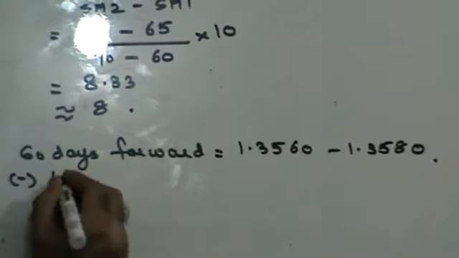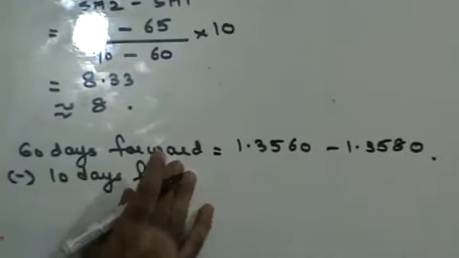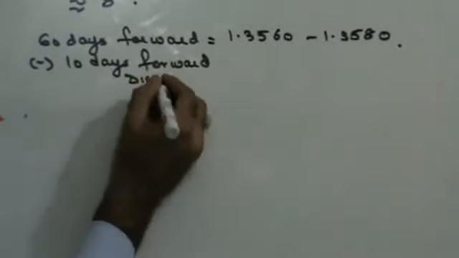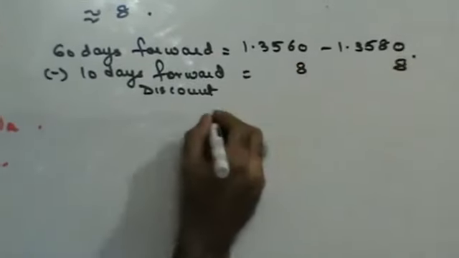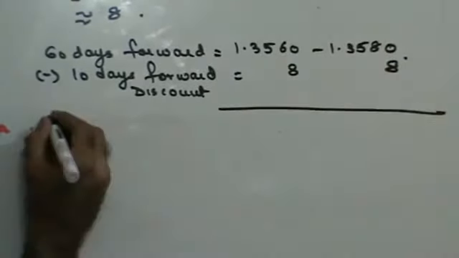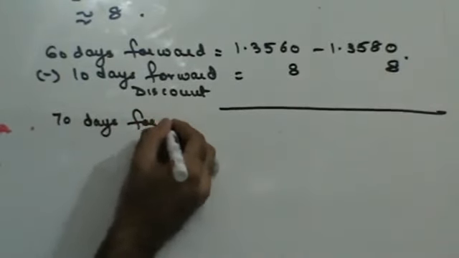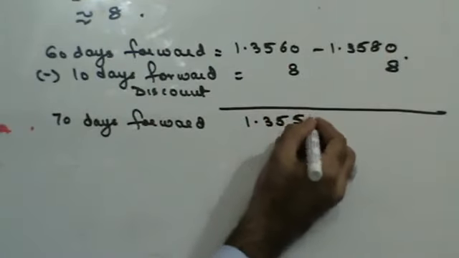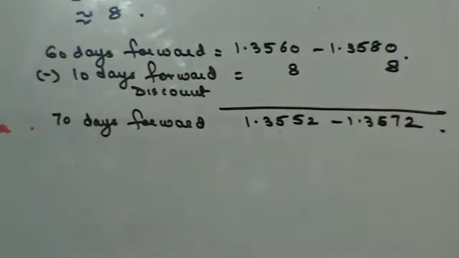So minus the 10 days forward discount, which you have found out as 8. You will put the same for bid and ask. So my 70 days forward is going to be 1.3552, 1.3572. That's how you get 70 days forward, right?